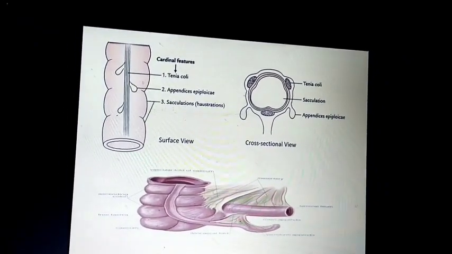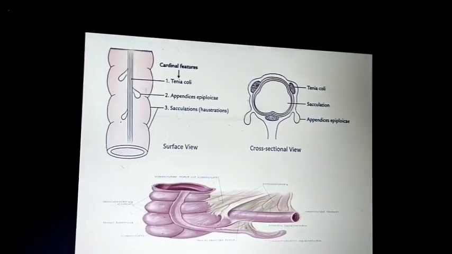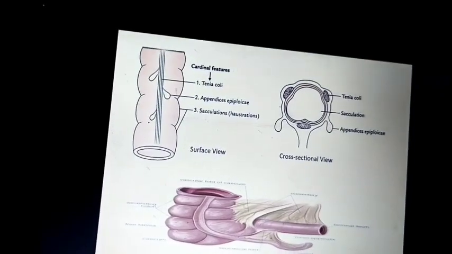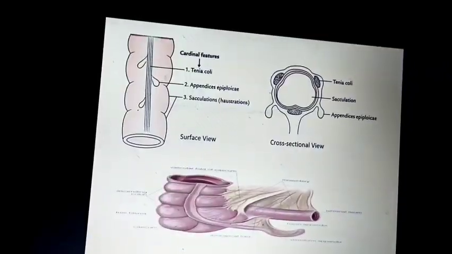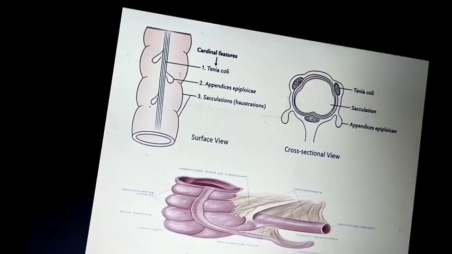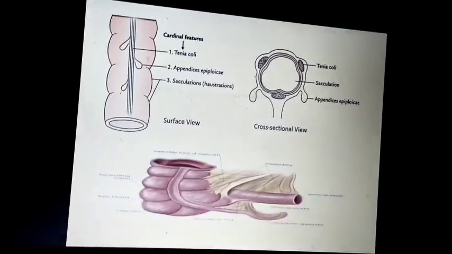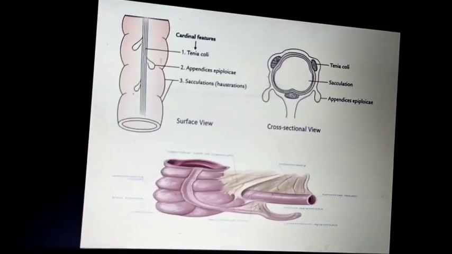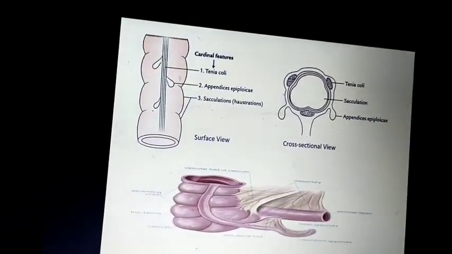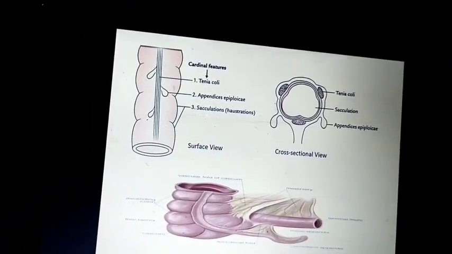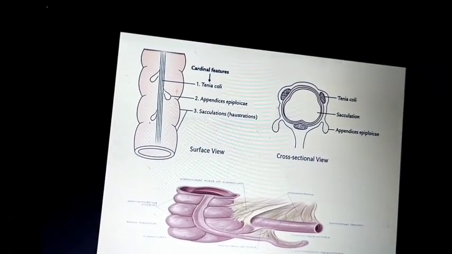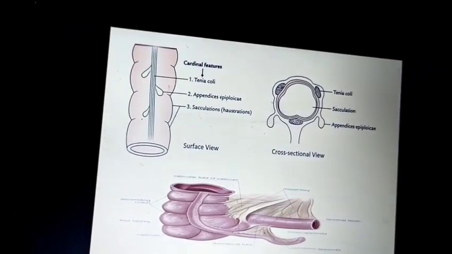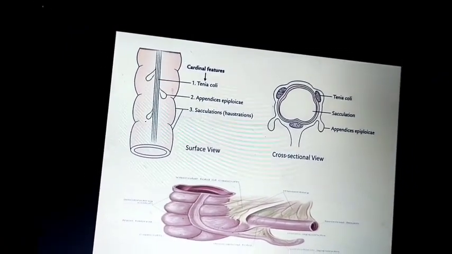Because of that, the pouches are pulled upwards, which causes the pouching, or little movements, of the large intestine or inner circular muscle. And this is the tinea coli, the outer longitudinal muscle band, and it is covered by the peritoneum.